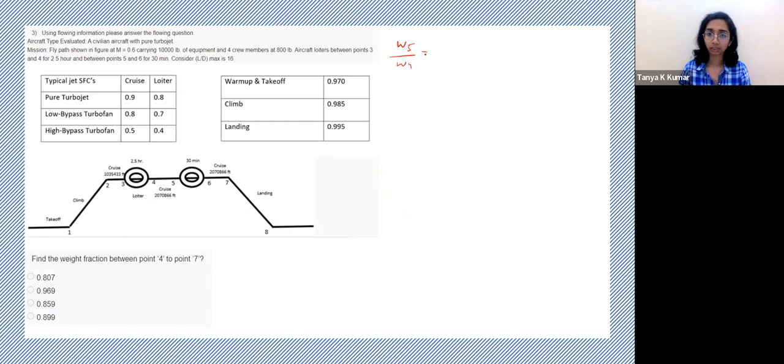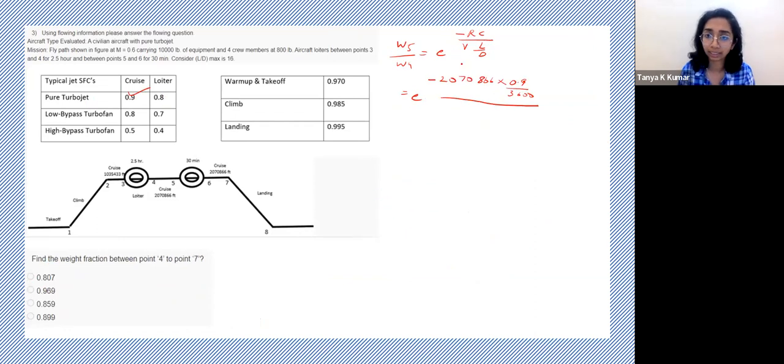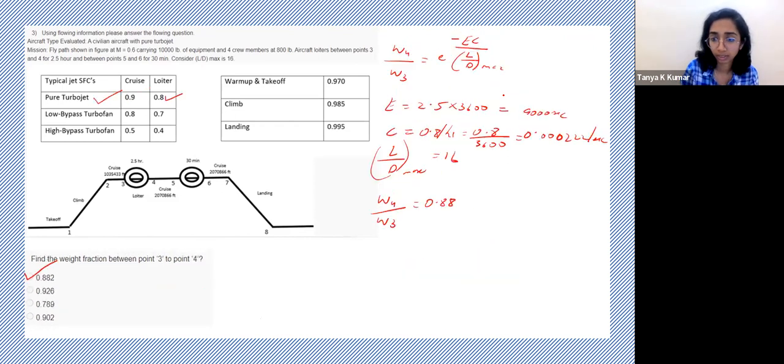Between 5 and 4 is cruise, so it is e raised to minus RC by V into L by D. R is 2070866, C for cruise is 0.9 by 3600, divided by V, which we calculated as 596.88, and this was 13.856.